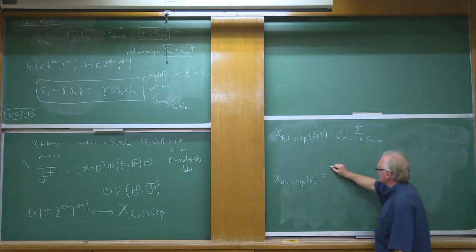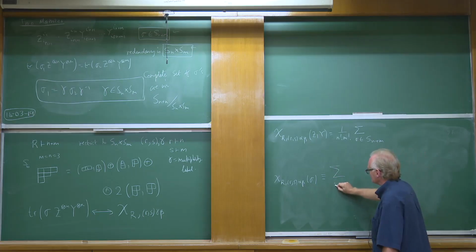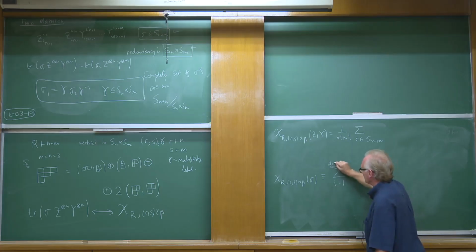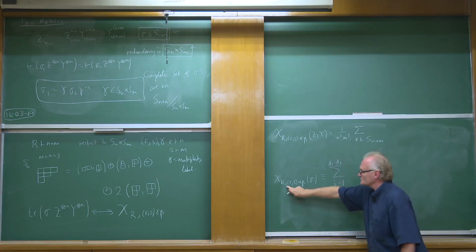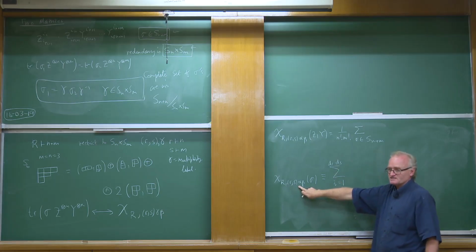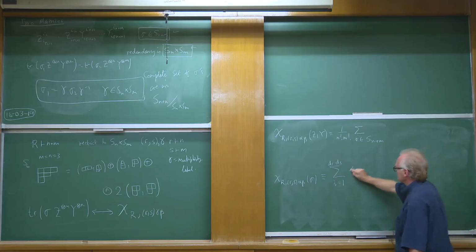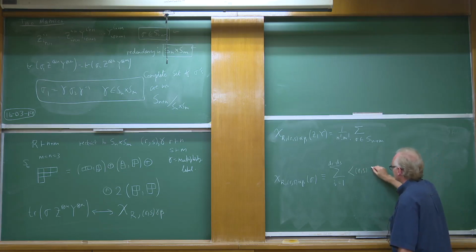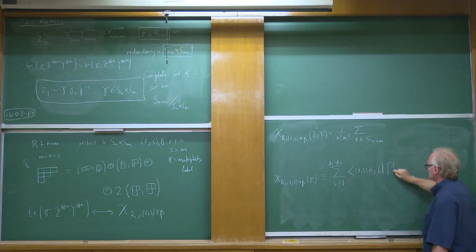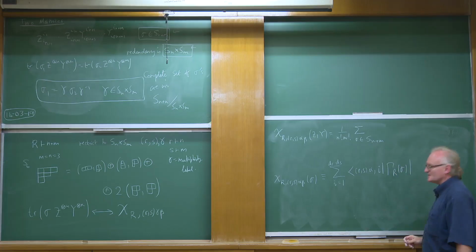So what it would look like is, it would be a sum from, let's say, I equals 1 to the dimension of R times the dimension of S. That's the total number of states inside the space RS. And then we would have RS, the alpha copy, I, so now we're summing over the states. Alpha and beta run over the multiplicities of the pair RS.